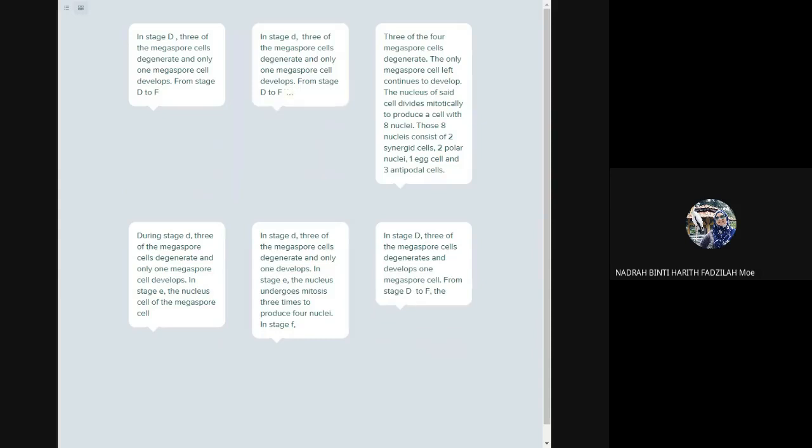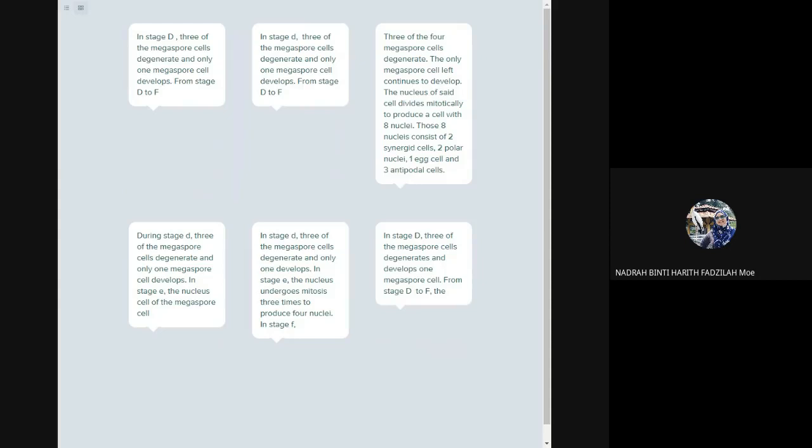Tapi tak ada masalah ya, if you explain step by step tu clearly, maknanya kamu jawab terlebih, kita tak potong markah. Tapi sebagai contoh dekat sini, the nucleus of said cell divides mitotically to produce a cell with 8 nuclei.